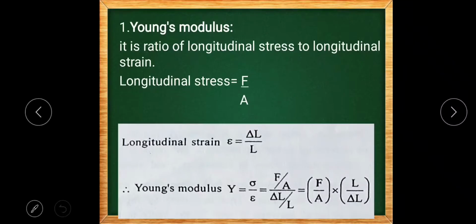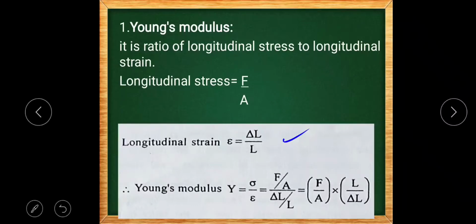Longitudinal stress is restoring force per unit area, that is F by A. And the longitudinal strain can be written as delta L by L, where delta L is the change in length of a body and L is the original length of the body.